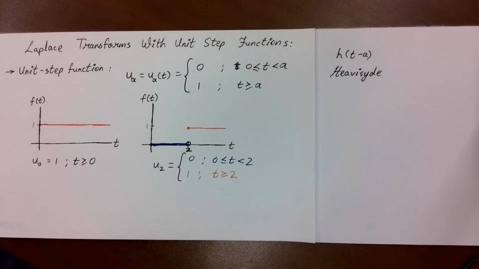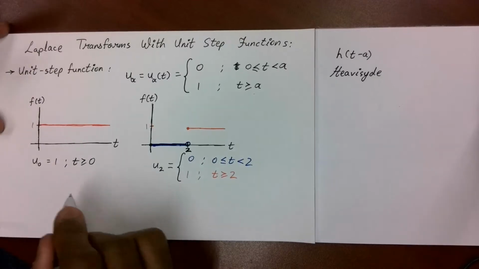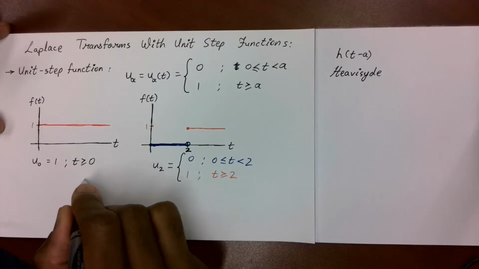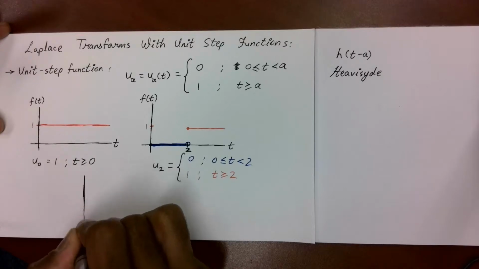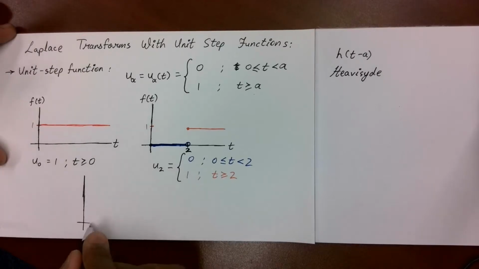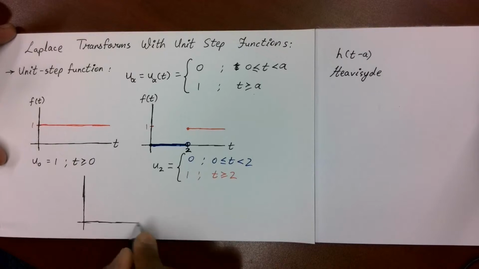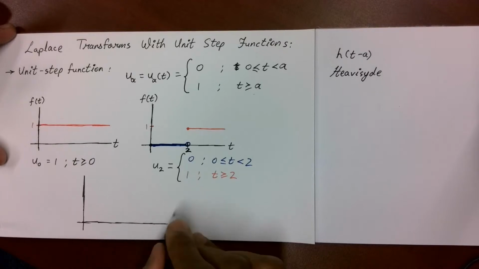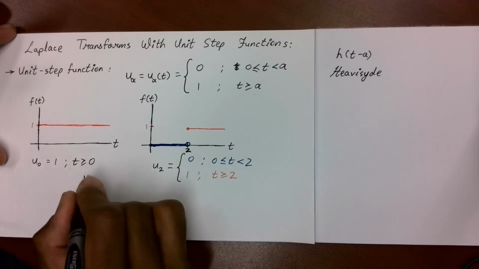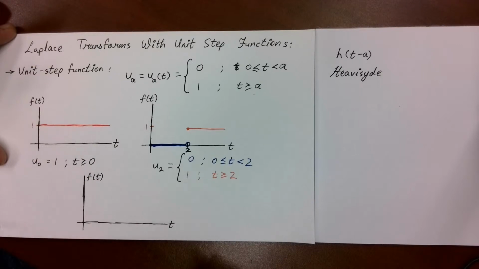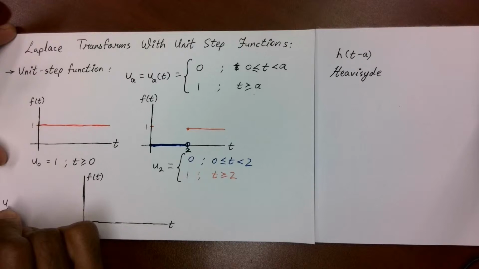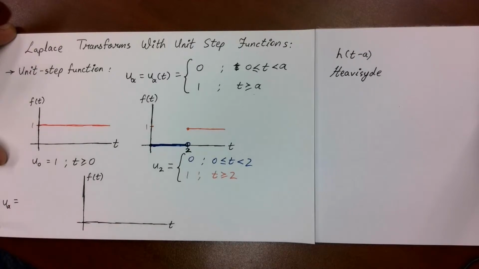In general, we can graph this function as follows. I have my vertical axis and horizontal axis, and let me say that I'm graphing u alpha of t.